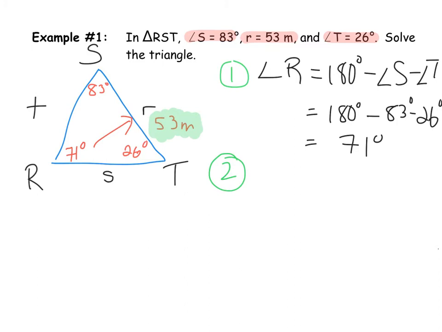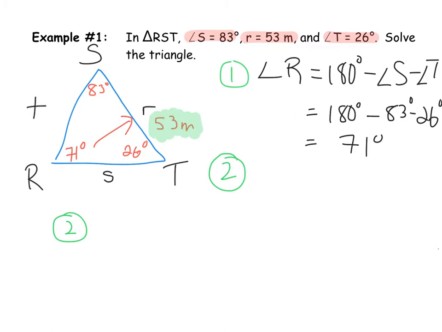I'm going to call this step number 2. I'm going to create my sine law and I'm going to solve for side little s. So to do that, I'm going to write out a little statement about my sine law.